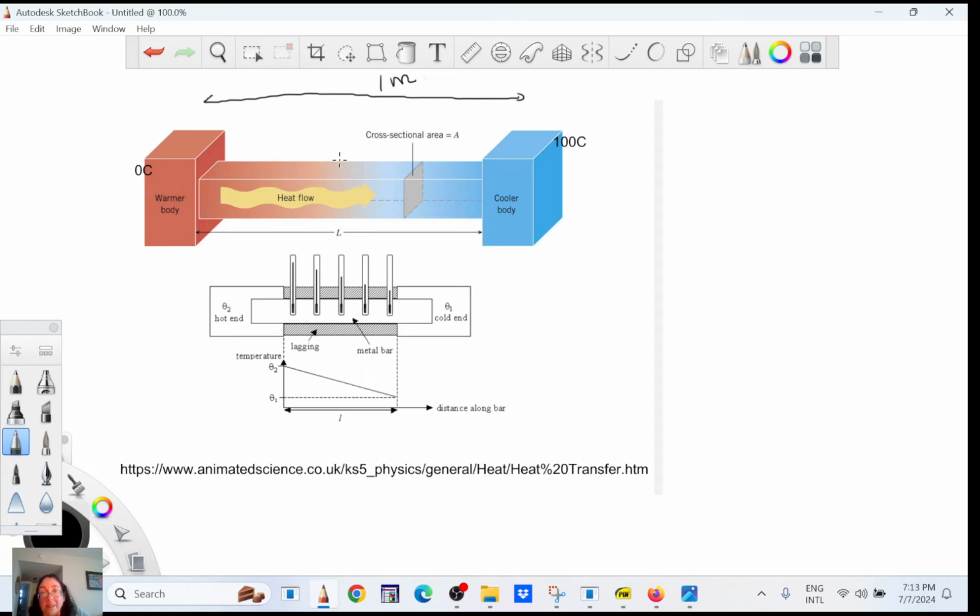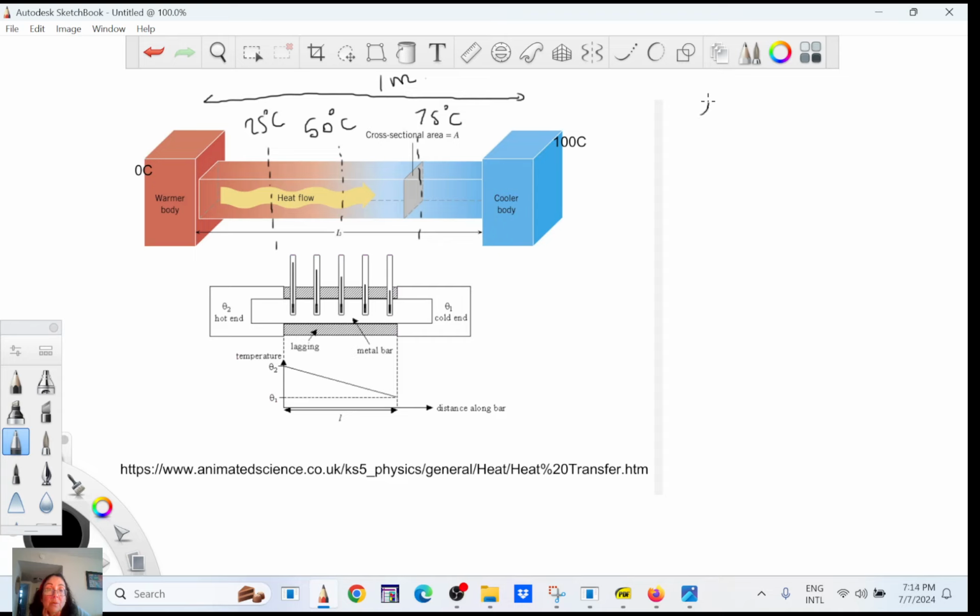It kind of makes sense that just in the middle here, it's going to be 50 degrees Celsius, right? And for example, here that will be 25 degrees Celsius, and here it's going to be 75 degrees Celsius.